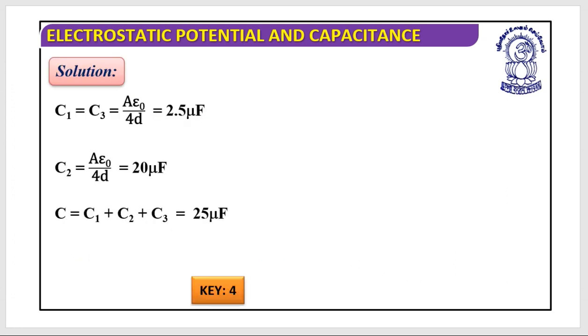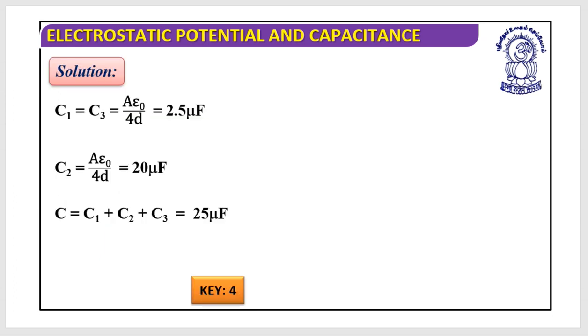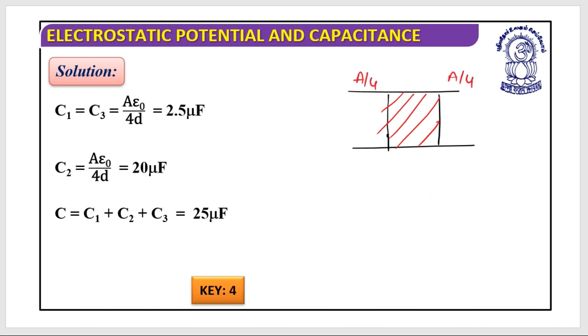Let's have a look. This is the situation. This has been filled with the dielectric slab, and the remaining area is A by 4, and the filled part is A by 2.